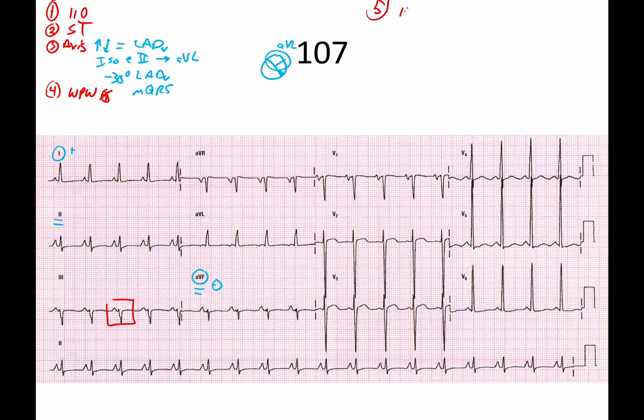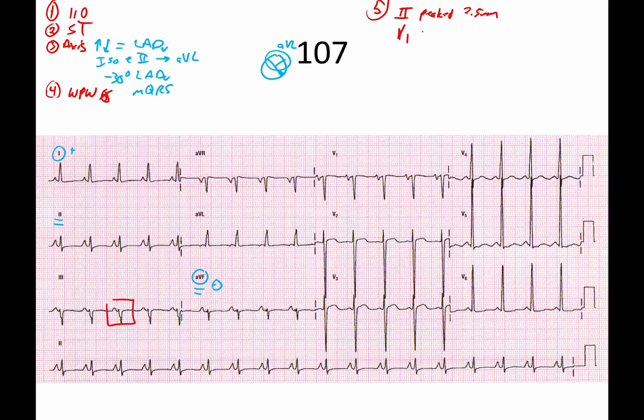So we're going to look in lead 2 and lead V1. And what do we got? Do we have peaked P waves in lead 2 and V1? And I'm going to say we do have peaked in lead 2. Not so much in the others, but lead 2 definitely hits that 2.5 millimeter requirement.